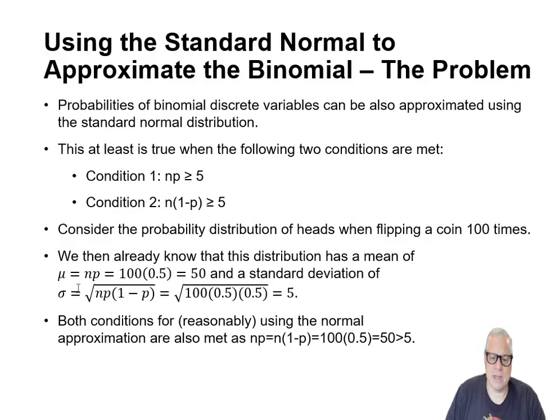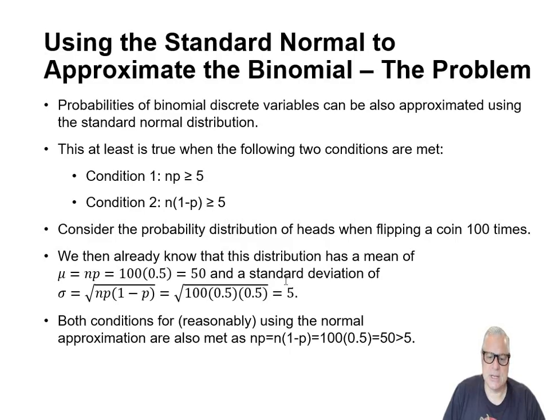And the standard deviation of the binomially distributed variable is the square root of the number of trials times the success probability times the failure probability, which in the example of 100 coin flips would be 100 times 0.5, that's 50, times another 0.5, that's 25, square root of 25 is 5. So the standard deviation is then 5.